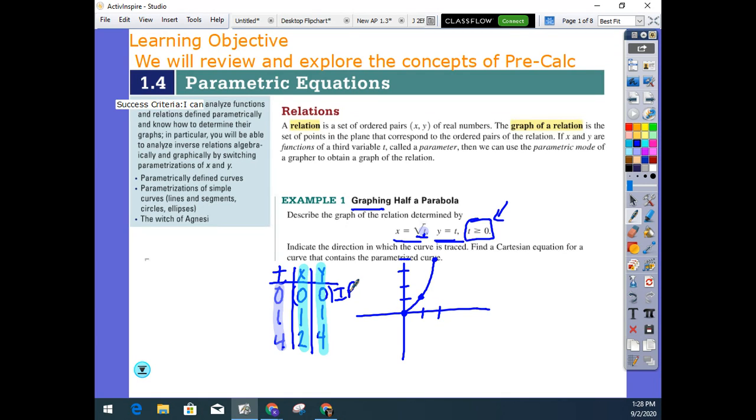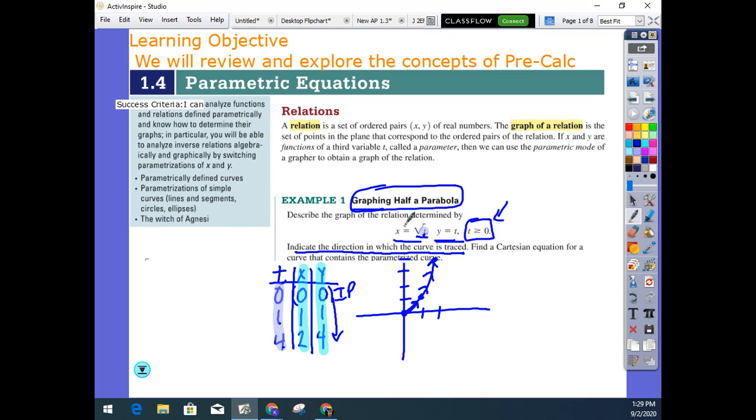We call this the initial point. And it says, indicate the direction in which the curve is traced. So as t gets greater than 0, that means I'm tracing it this way. So I start at 0, 0, and I'm going to put little arrows along the way that I'm moving in this direction. Okay, so you can see this ends up being half of a parabola.